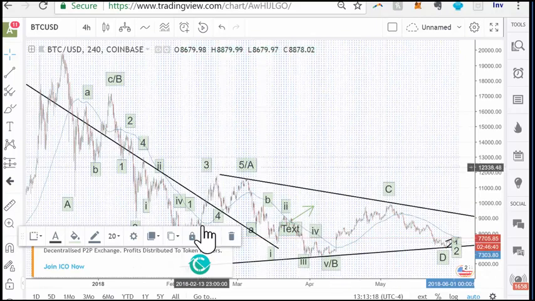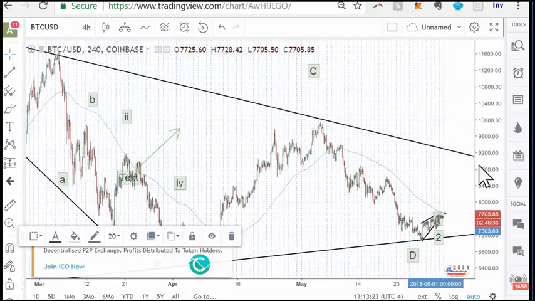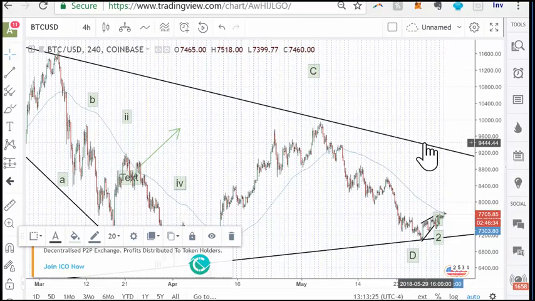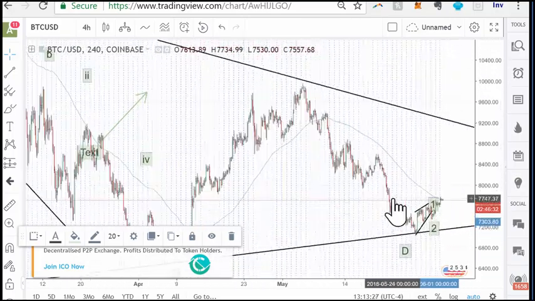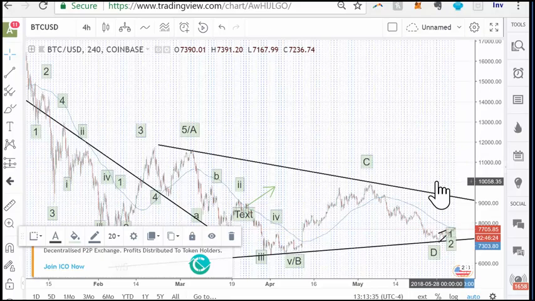If this structure were to play out, A, B, C, D, E, you might get an E, you might get a small F, and then if we break over this black line that comes down, we could move up straight, or we might backtest it one more time before the rally happens.